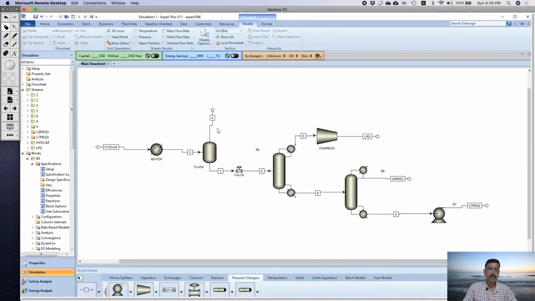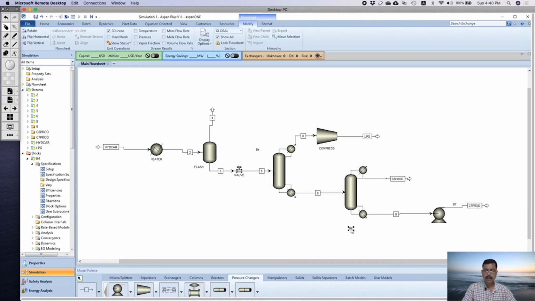Now we can go to next. It will definitely ask for the specifications of this shortcut distillation, and let us rename this B6 column. We haven't done it yet. Neither did we do it for the rigorous one.